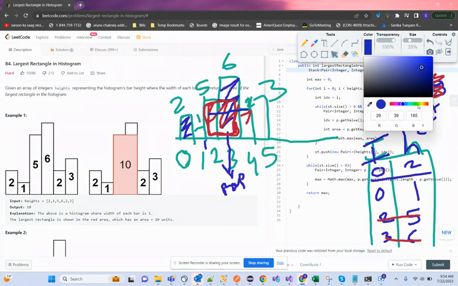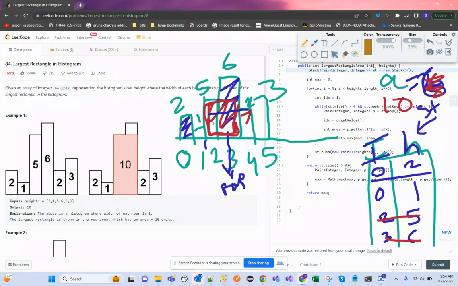So for 2, we can extend the width backwards and we can use this as an area. The index it starts from is 2.